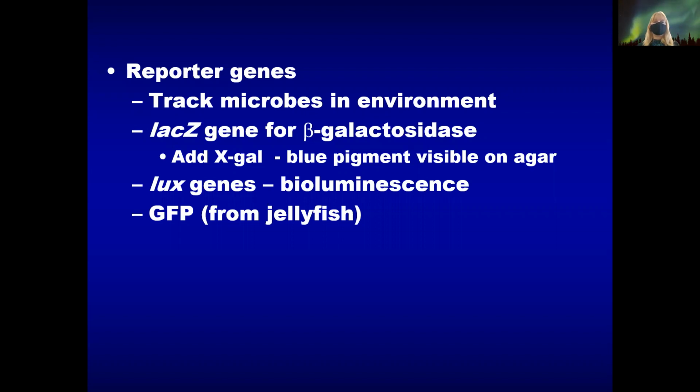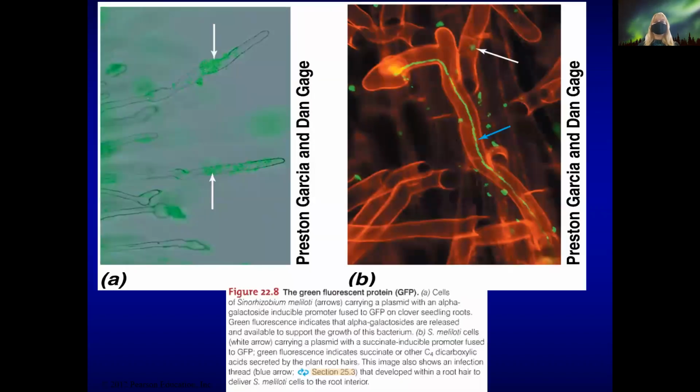It's a nice strategy. Visually, here's some of what you might see with the green fluorescent protein. It's very bright under the microscope. Here you have some plant roots that are showing the nitrogen fixing bacteria in both cases.